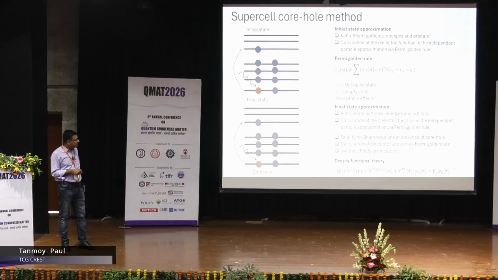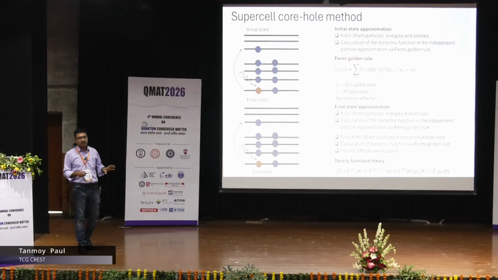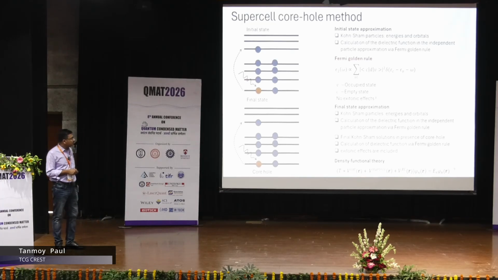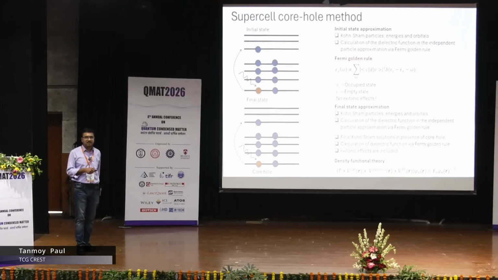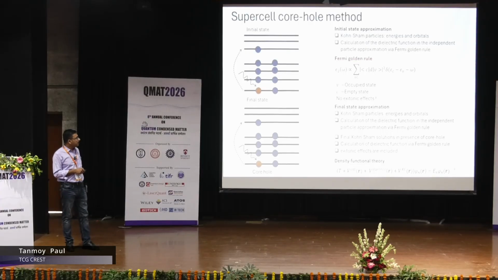So that means we consider here that there is a negatively charged background, and then we consider only the electron in the final state. To understand the absorption spectra, we consider the imaginary part of the dielectric constant using the Fermi golden rule, and we consider only the lowest part of the valence band and the conduction band.